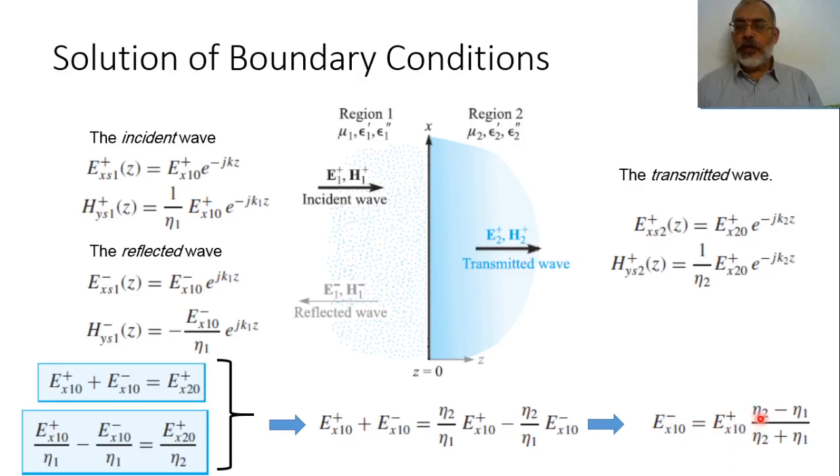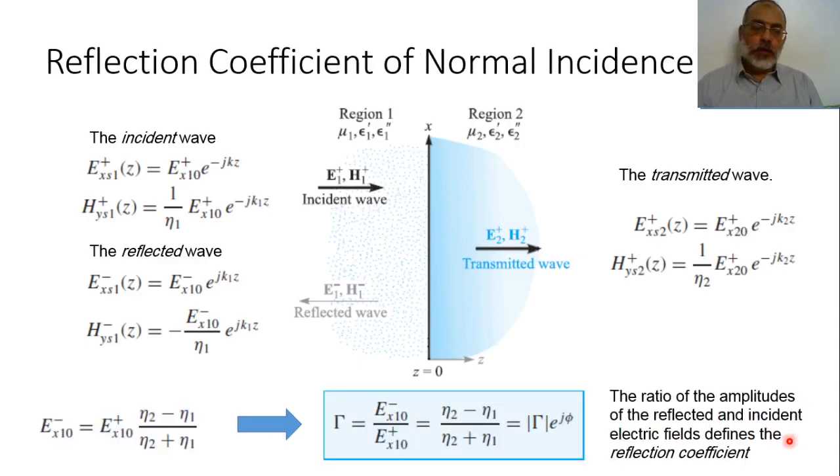It would be eta 2 minus eta 1 over eta 2 plus eta 1. That is what we are seeing. We define the ratio of the reflected electric field to the incident field as gamma, the reflection coefficient, and in this case it would be eta 2 minus eta 1 over eta 2 plus eta 1.